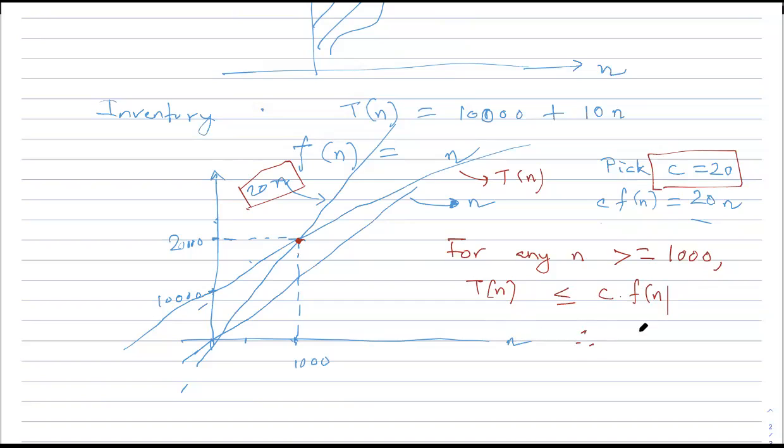And therefore, we can say here that t of n is an element of big O of f of n. Or we can specifically say T of n is an element of big O of n.